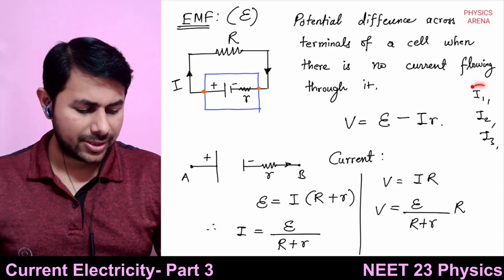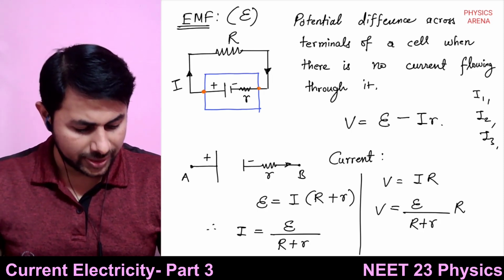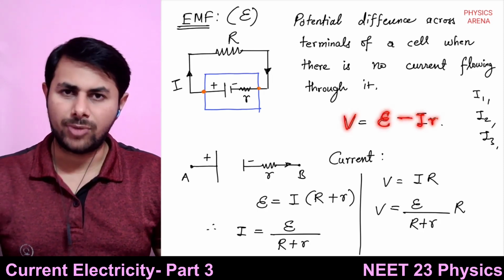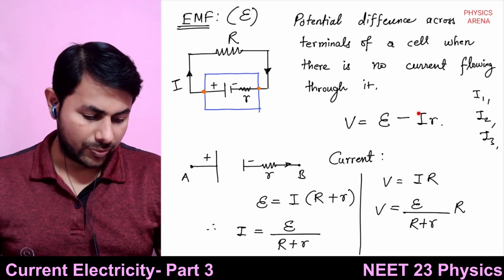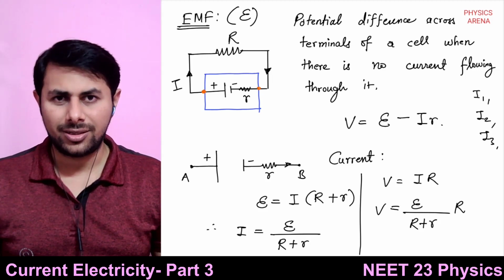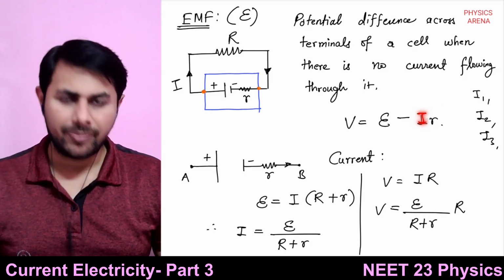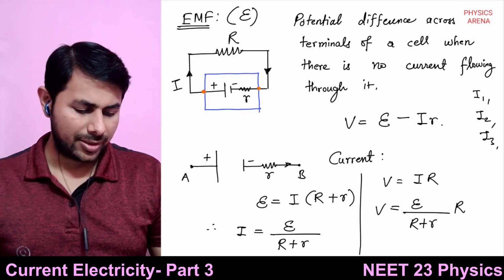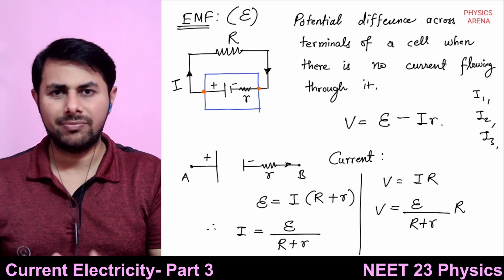The case in which the current is minimum, because the potential difference is EMF minus I into small r. EMF is constant, small r is constant, I is changing. If I is minimum, there is minimum potential drop, so the potential difference is maximum.